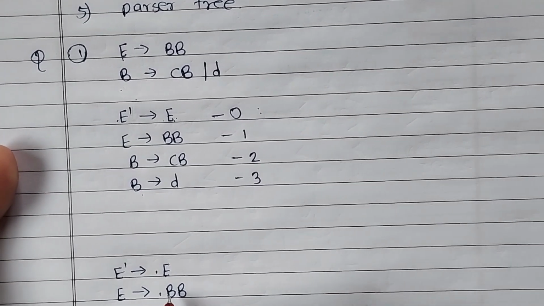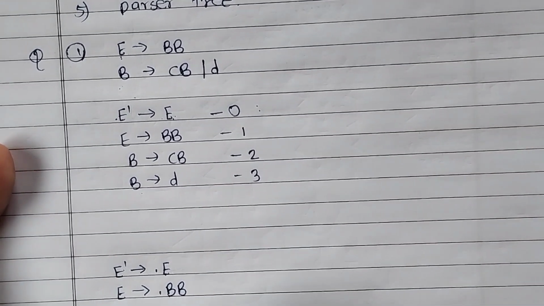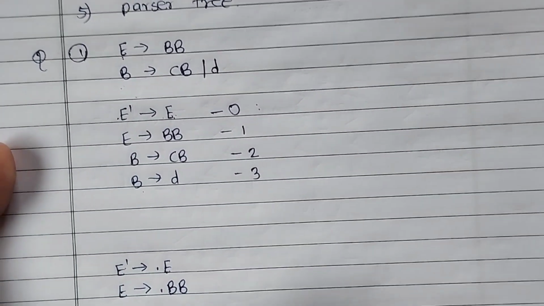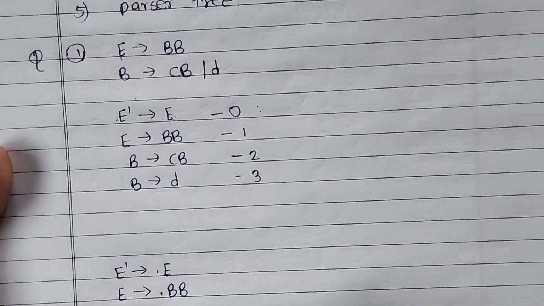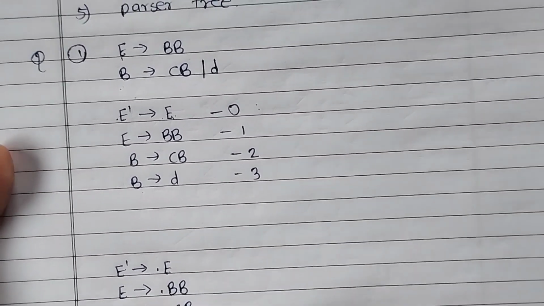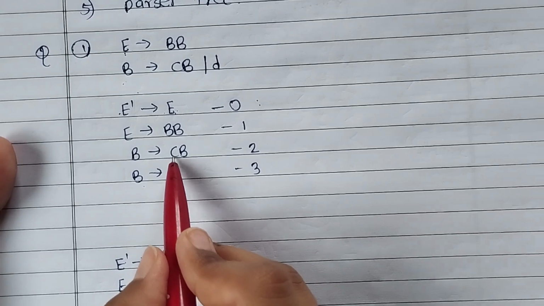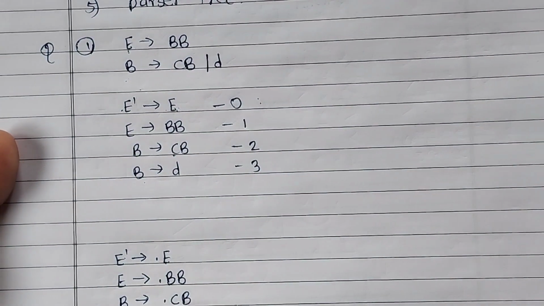Now the dot comes before a non-terminal, so write all the grammar of that non-terminal. So B → .CB and B → .D. Now the dot is before C, and the grammar of C is not present, so we write it as it is.